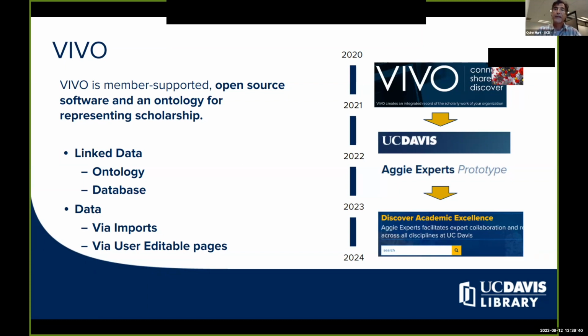And from there, we actually moved into a prototyping stage where we picked up a faculty steering committee. We picked a few departments and we prototyped the type of information that we would show if we were having a more complete application. And that was given the go-ahead just recently. And so now we're working on our plans for developing a complete system for all the faculty at UC Davis.